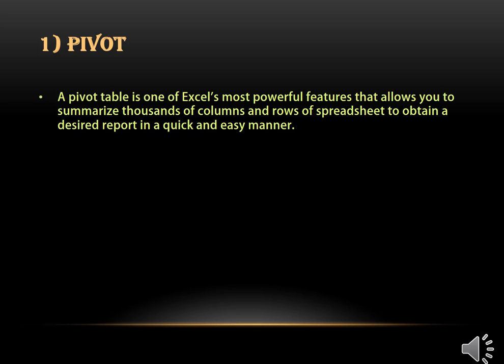Now let's discuss. It is mentioned that a pivot table is one of Excel's most powerful features that allows you to summarize thousands of columns and rows of a spreadsheet to obtain a desired report in a quick and easy manner. Secondly, this helps in the easy analysis of a large amount of data.